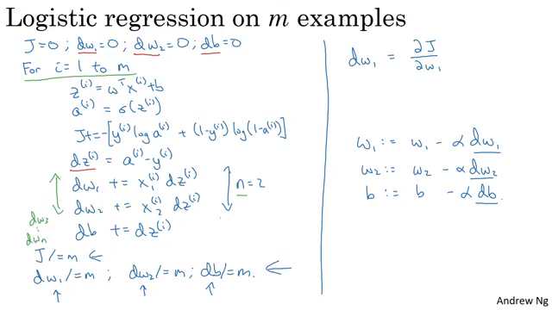When you're implementing deep learning algorithms, you find that having explicit for loops in your code makes your algorithm run less efficiently. And so in the deep learning era, we've moved to bigger and bigger data sets. And so being able to implement your algorithms without using explicit for loops is really important and will help you to scale to much bigger data sets. So it turns out that there are a set of techniques called vectorization techniques that allow you to get rid of these explicit for loops in your code.